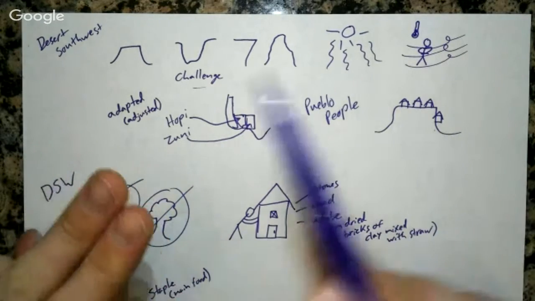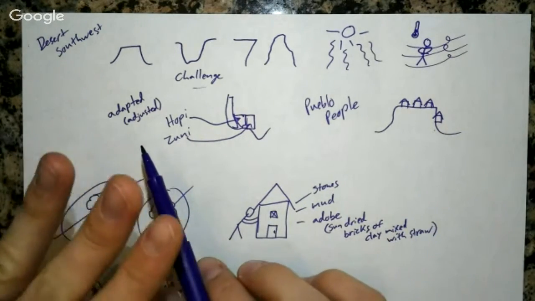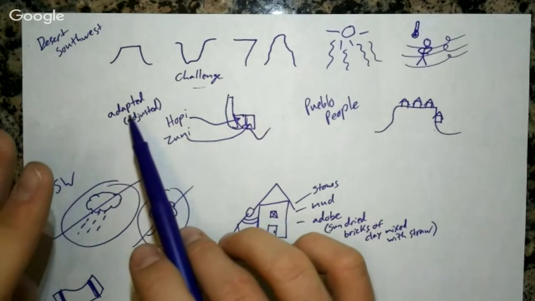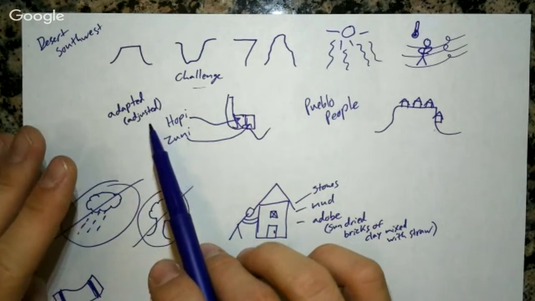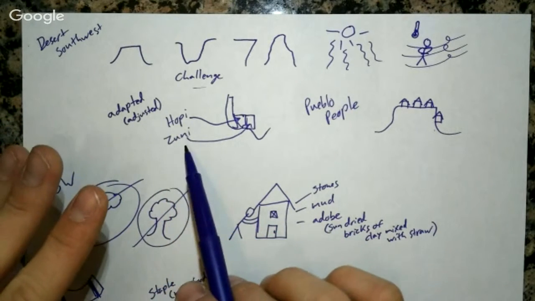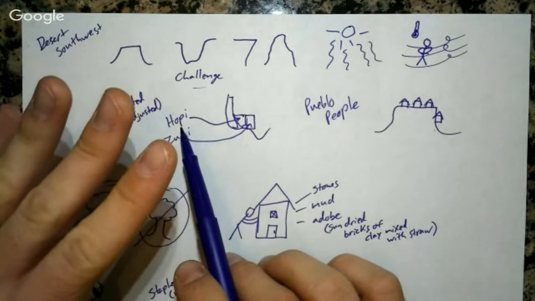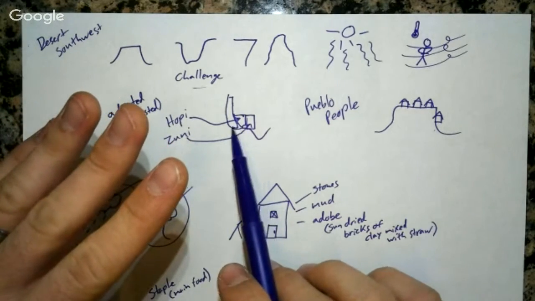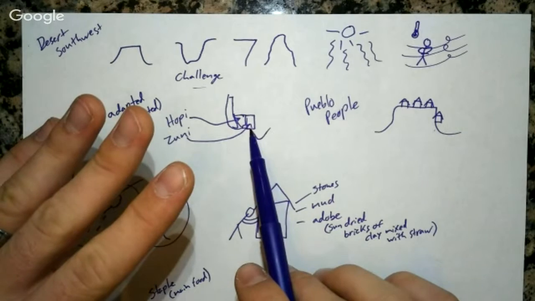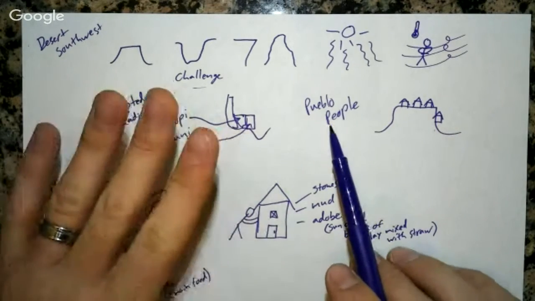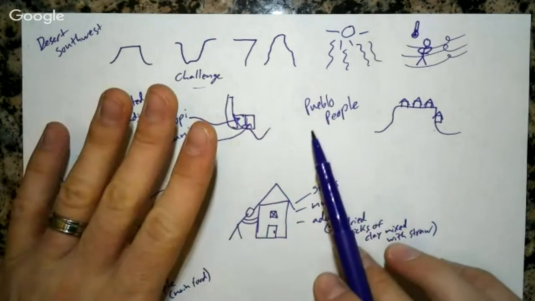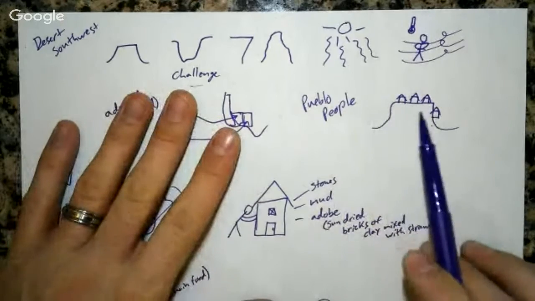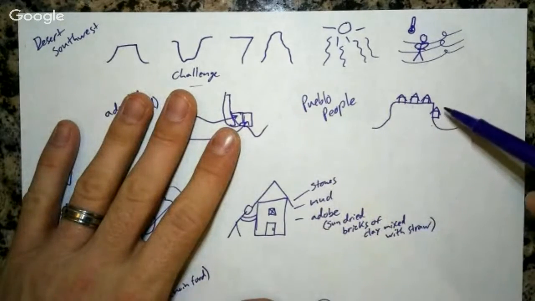Maybe I can join that in with the other one, but we'll see. Number 3, of those who adapted or adjusted to the area were the Hopi and the Zuni. Now we're on to 4. The Hopi lived in present-day Arizona, while the Zuni lived in present-day New Mexico. Okay, we're moving on to 5. The Pueblo, they were known as the Pueblo people and lived on the tops of mesas or on the sides of cliffs.